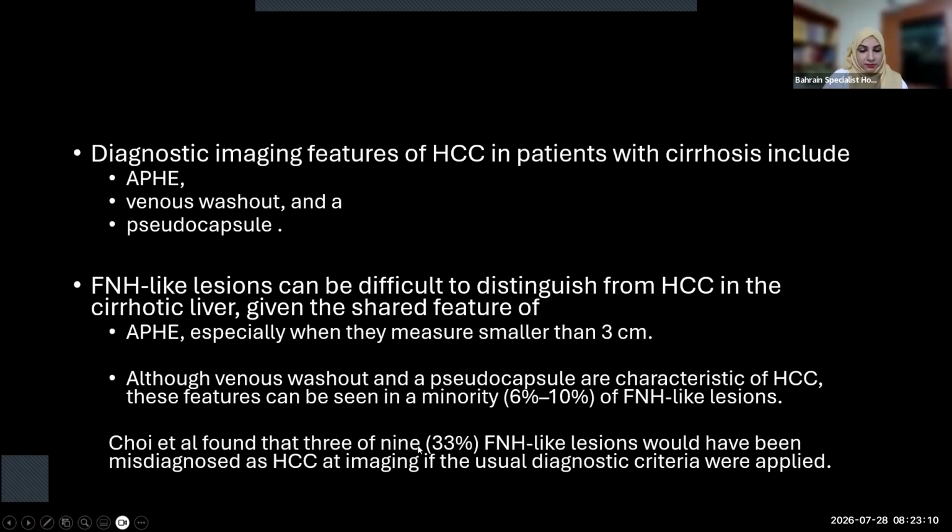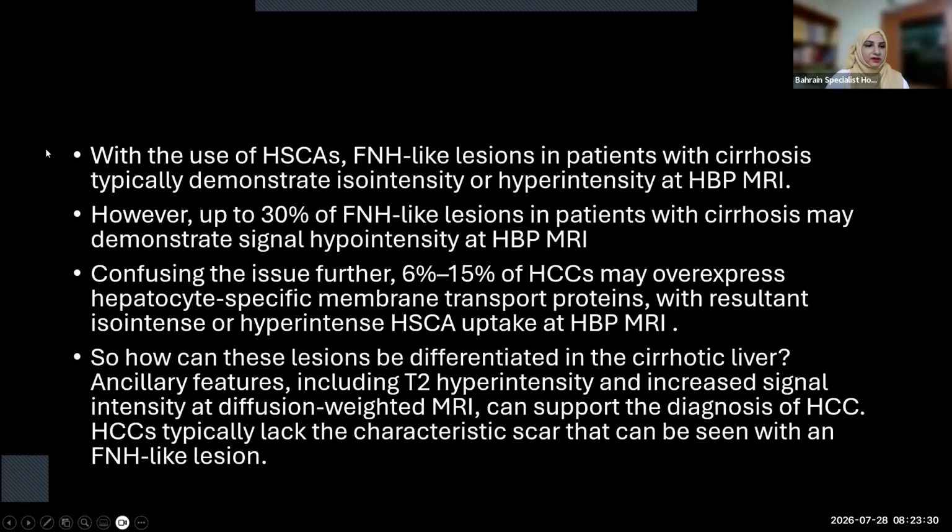One study also found that about 33% of FNH-like lesions were misdiagnosed as hepatocellular carcinoma at imaging, and only on subsequent biopsy were these found to be FNH-like lesions. So this is a challenging lesion, which at times, a small percentage of the time, behaves like an HCC on imaging and creates a diagnostic dilemma.